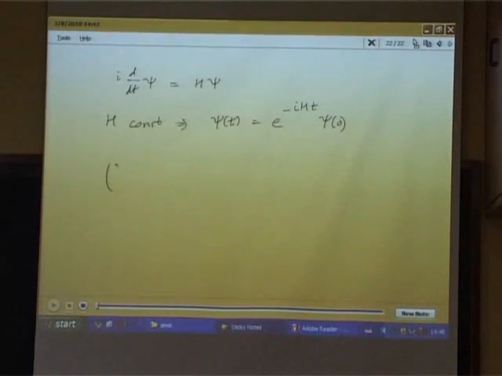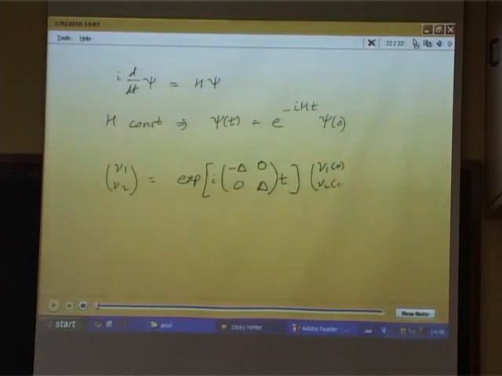So therefore, my nu1, nu2 is going to be the exponential of i times the matrix minus delta, 0, 0, delta, times t, acting on nu1(0), nu2(0). And since there are no off-diagonal elements, this is just a very simple thing to exponentiate.